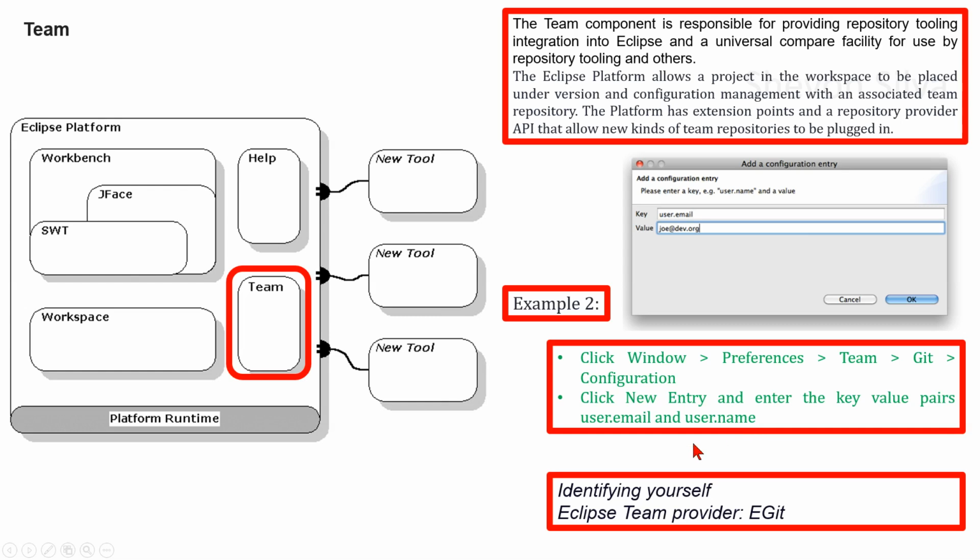Here you can see the user.email key value pair. Here the Eclipse team provider is EGit.